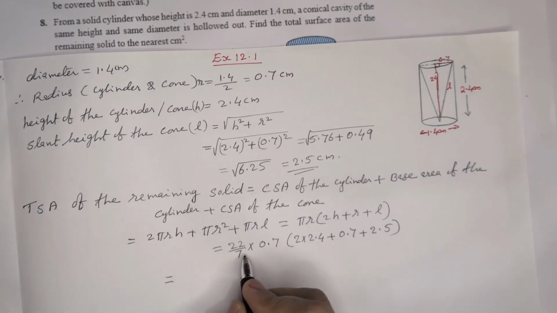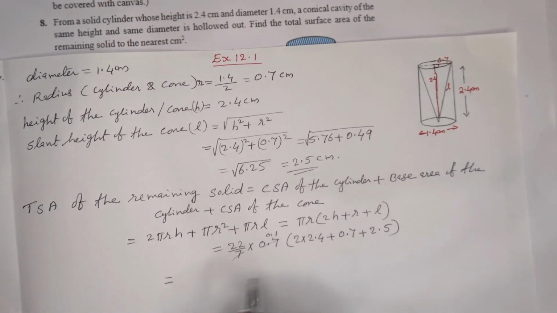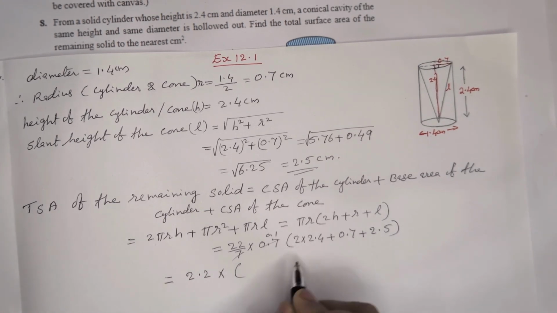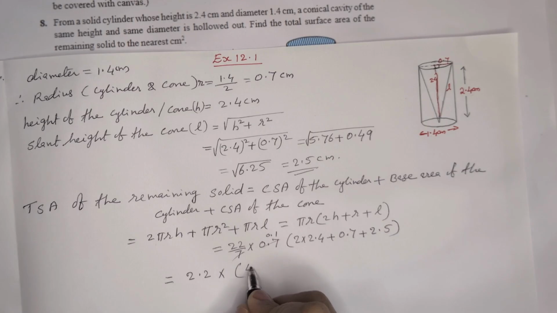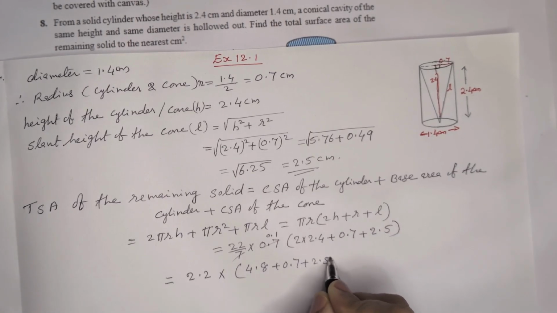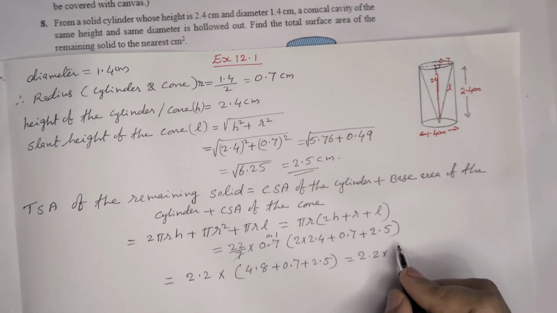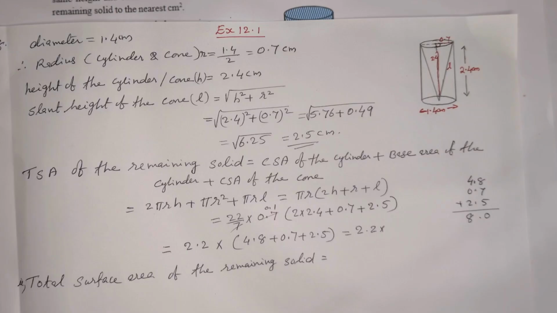which is equal to, here we can cancel 7 and here 0.7, we will get 0.1. So when you are multiplying with the 0.1, it will come 2.2 into, in bracket, 2 into 2.4, that is 4.8 plus 0.7 plus 2.5, so when we add 4.8 plus 0.7 and 2.5, we will get that as 8.